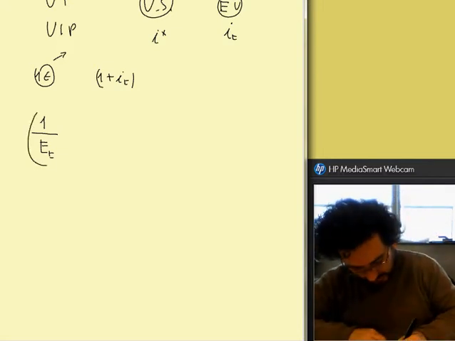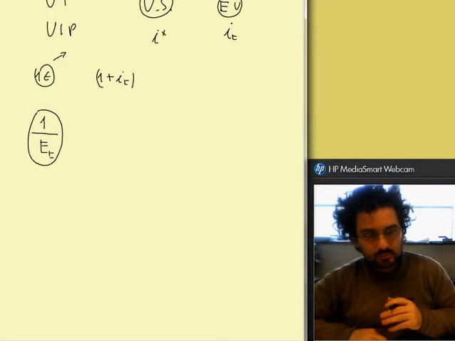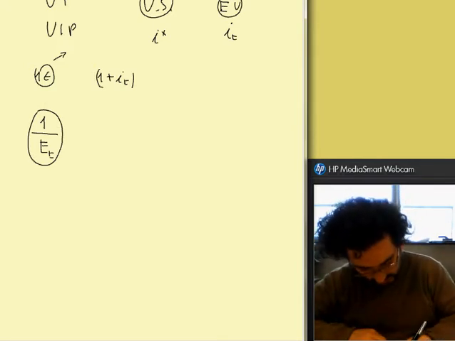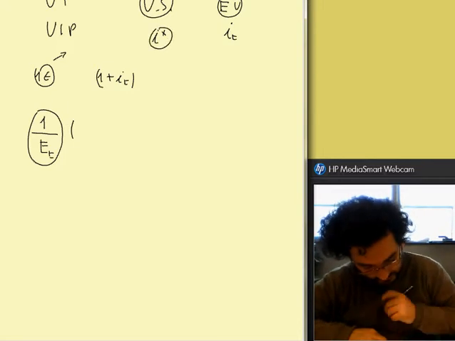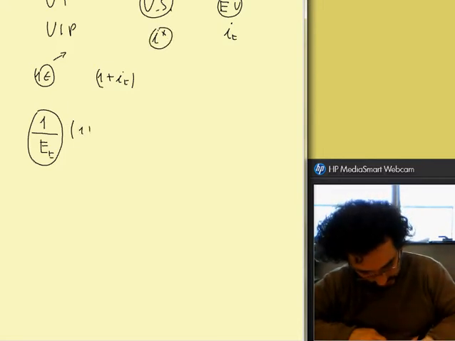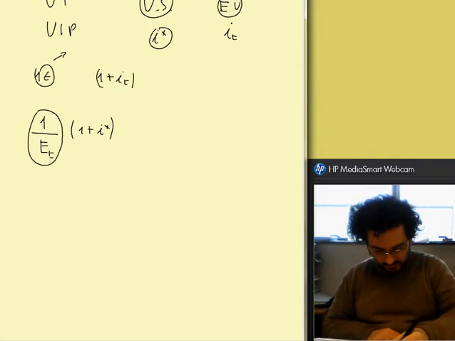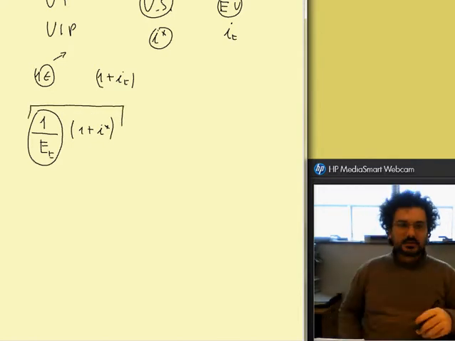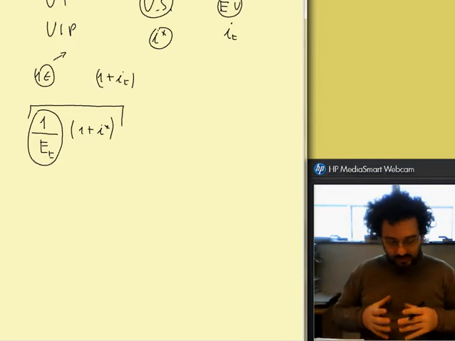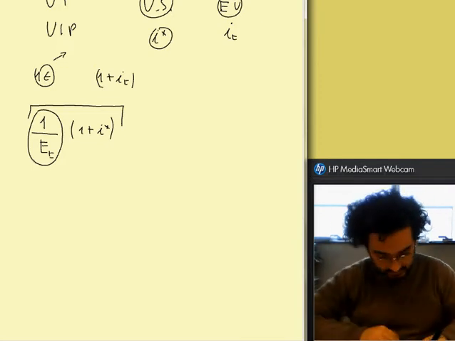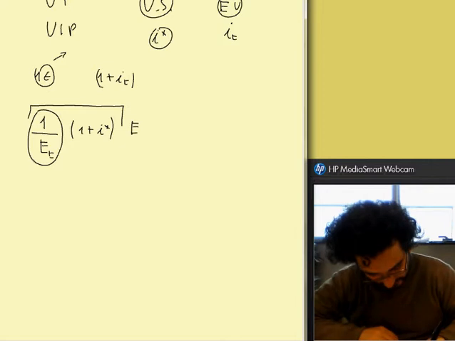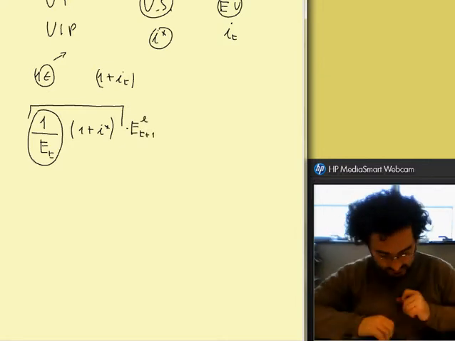This is our capital expressed today in US dollars. We can invest it at the US interest rate, which is 1 plus i star. At the end of the period, this amount of our investment should be converted again into euro, so we have to multiply by the exchange rate at the end of the period, which is an expectation.